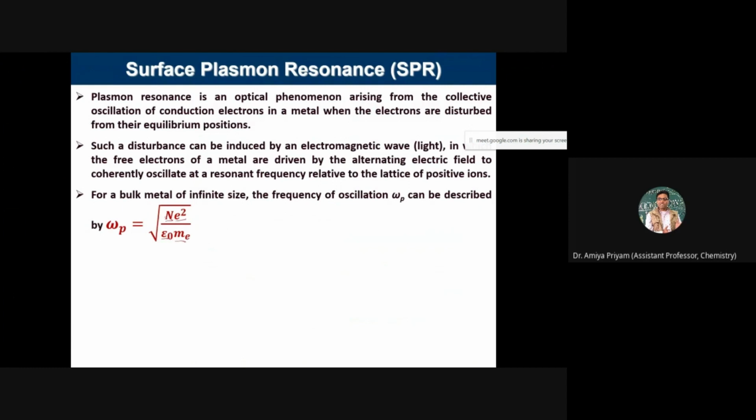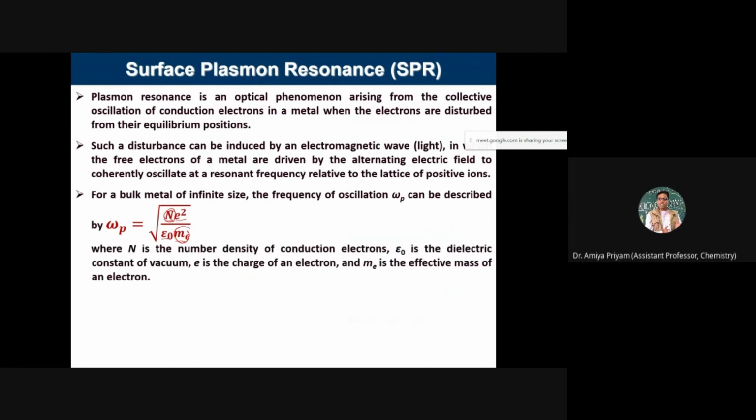So the two variables here are the electron density N and the effective mass m e. The rest of the things are constants. So when the metal is placed at the interface in vacuum, these are the two factors that will affect the plasmon resonance: electron density and the effective mass of the electron.